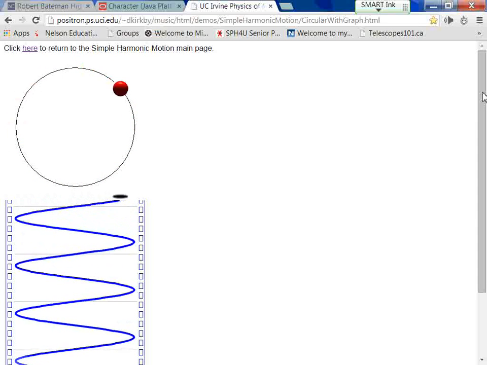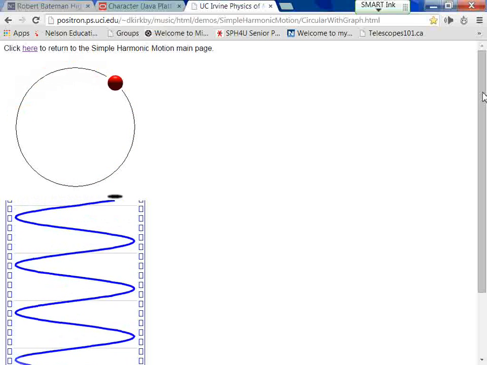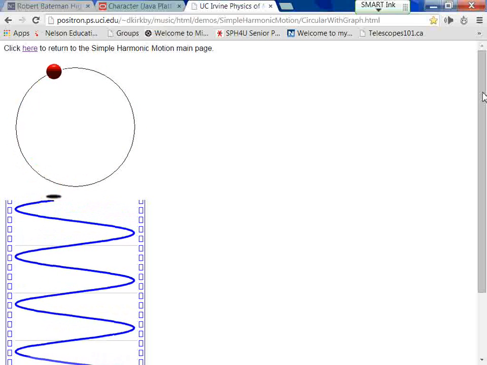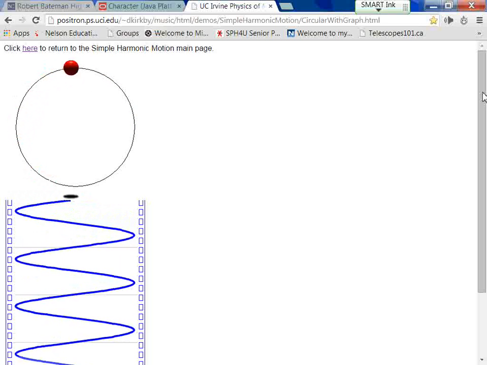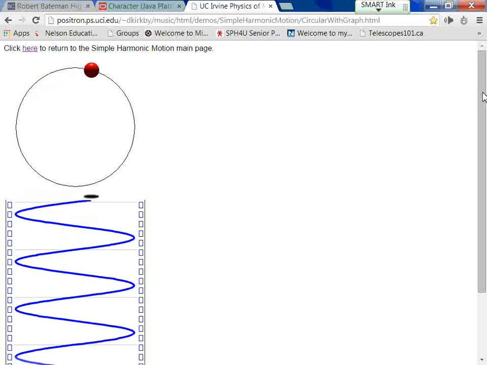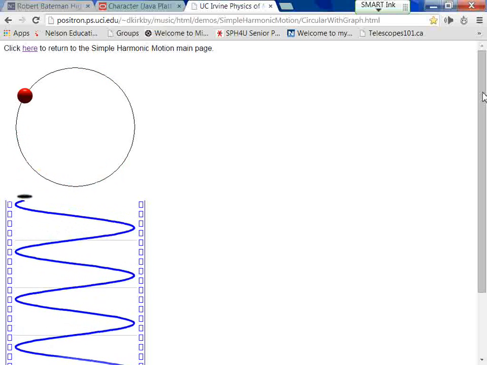We can see that that peg is tracing out a perfectly sinusoidal graph. That's just its projection on the floor. We're going to use that relationship between its left and right amplitude, or up and down amplitude, to derive some of the formulas from circular motion. They fit nicely together.